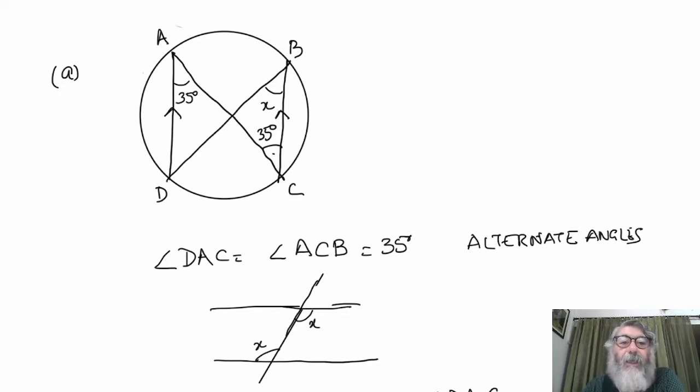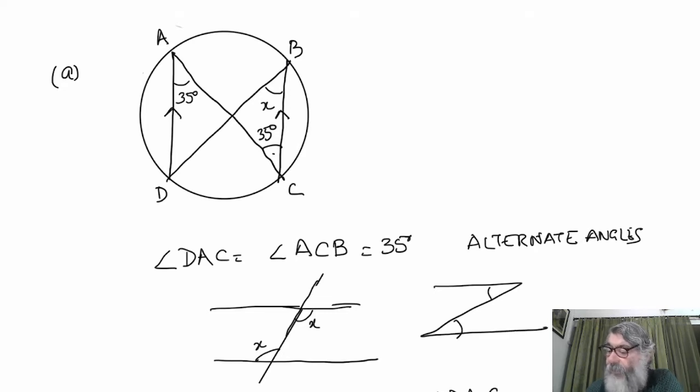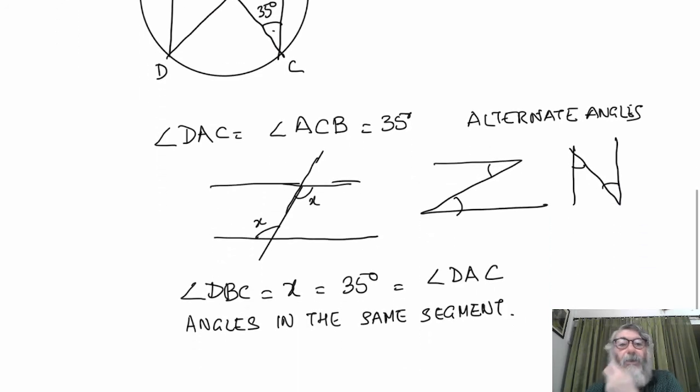So alternate angles DAC and ACB will be equal whenever a Z is formed, like this. This angle and this angle are alternate. Here in the figure, an N is formed actually. This angle is equal to this angle. These are called alternate angles.